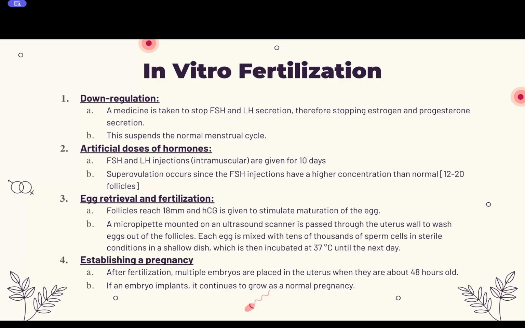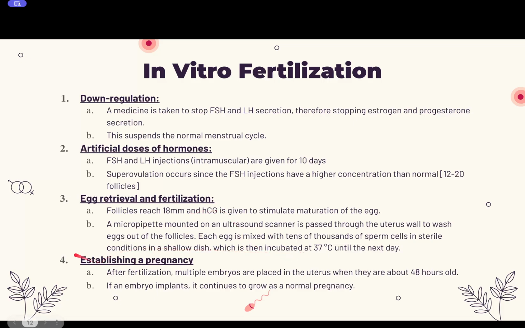After fertilization, any fertilized embryos, and it's usually multiple embryos, are placed in the uterus when they are about 48 hours old, and then you hope that it implants. After it implants, it continues to grow as a normal pregnancy.